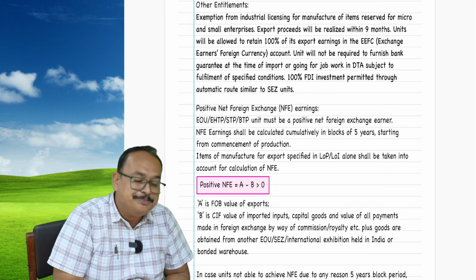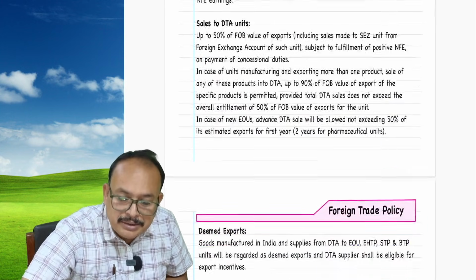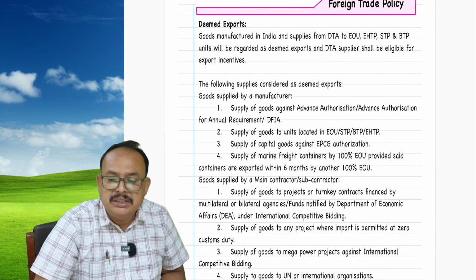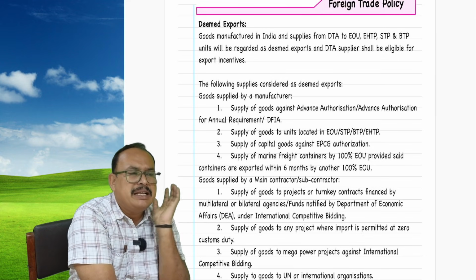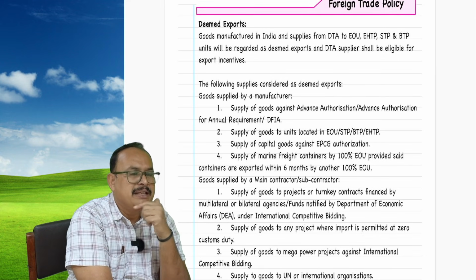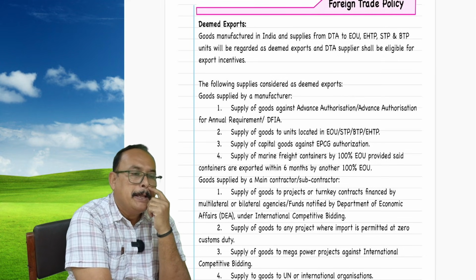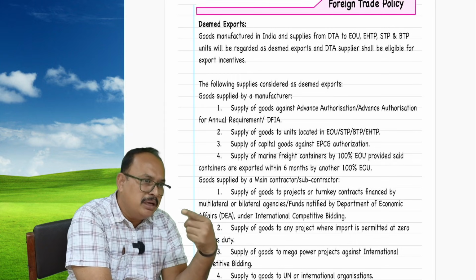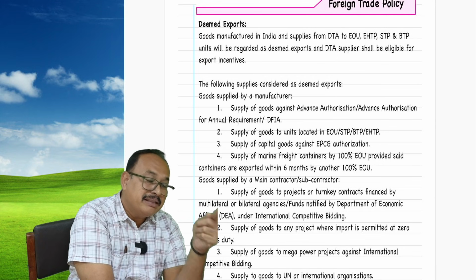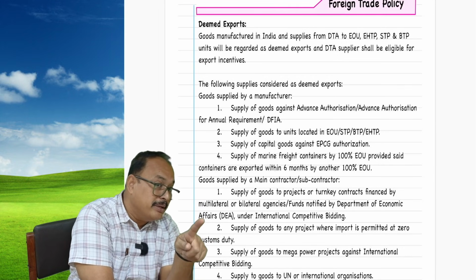Get my point? Further, my dear, regarding deemed export, when a person becomes a deemed exporter, be careful, listen. If I supply the goods to an exporter, the exporter is going to submit what? A shipping bill.